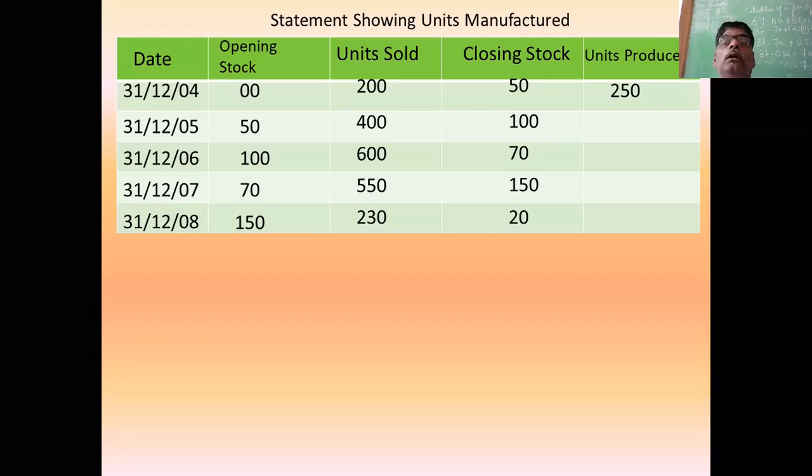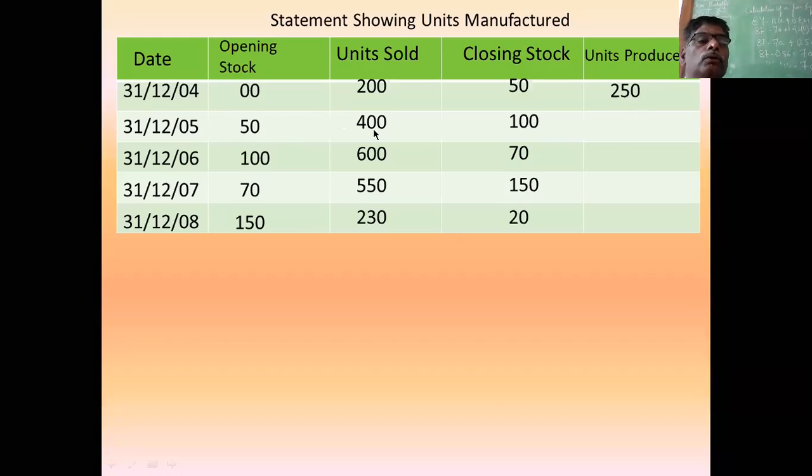How to calculate the unit produced? Unit produced is to be calculated on the basis of closing stock plus unit sold minus opening stock.